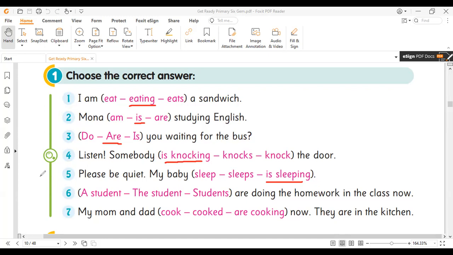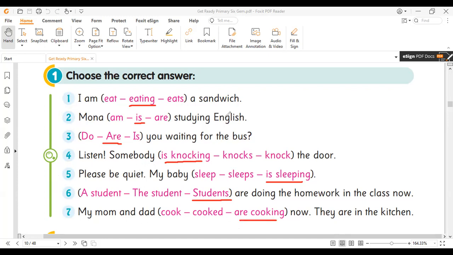Asya, number 6. The students are doing the homework in the class now. Yeah, excellent. The plural noun students, are doing. Excellent. Rahf, number 7. My mom and dad are cooking now.